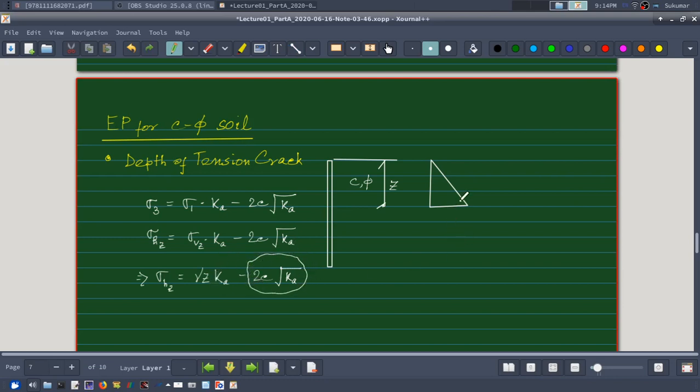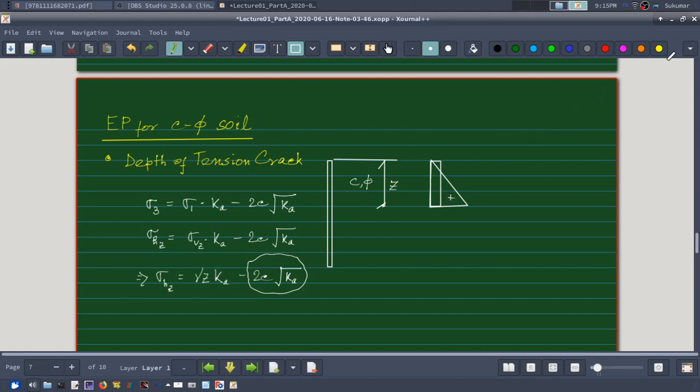Okay, so if this is positive, I also have a negative portion which is rectangular. Okay, I need to superpose, and the net area will give me the earth pressure.